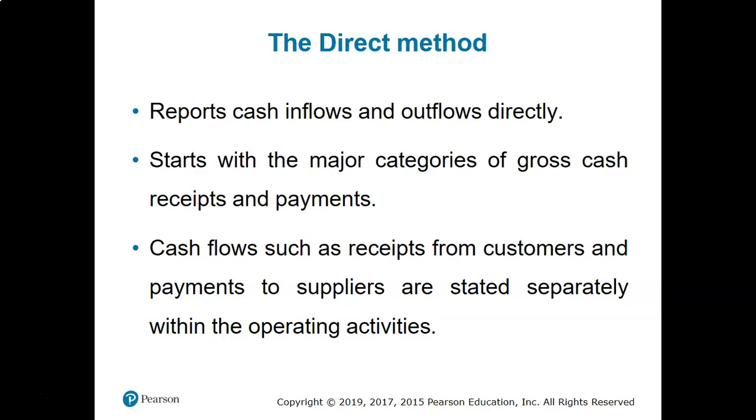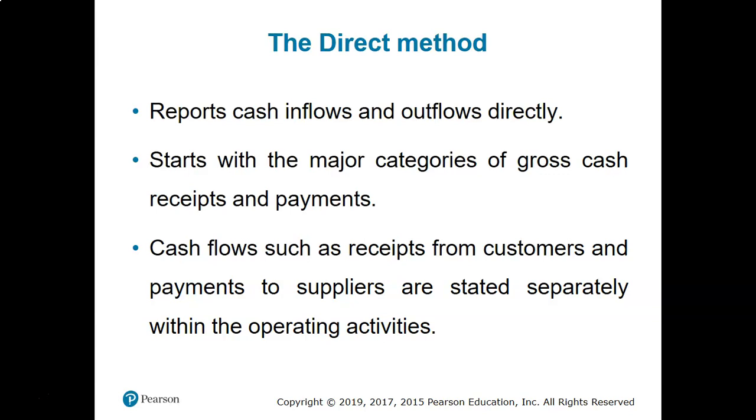The direct method simply shows the cash inflows and cash outflows directly, and starts with the major categories of gross cash receipts and cash payments. So how do we receive cash?